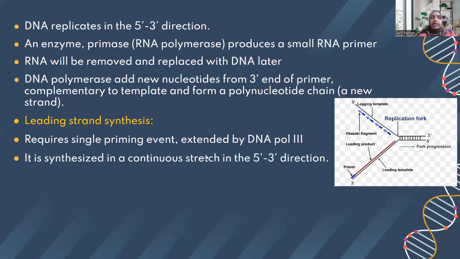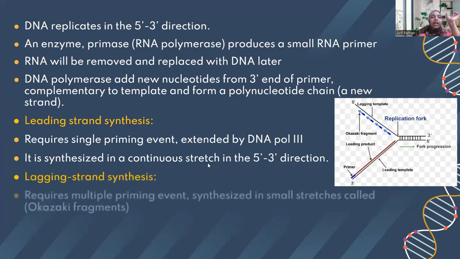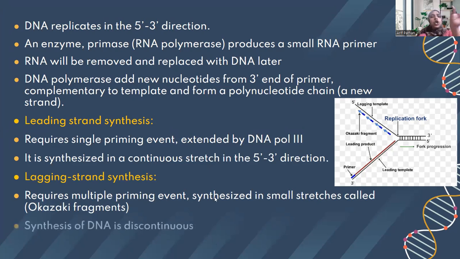Then it is synthesized in a continuous manner because it is known as the leading strand, from 5' to 3' direction. Then lagging strand, it will be made in short fragments. Those fragments are known as Okazaki fragments. Okay, so short RNA primers will be there, and they will make short coaches of the train. You can just imagine like that. And here the synthesis of DNA is discontinuous.